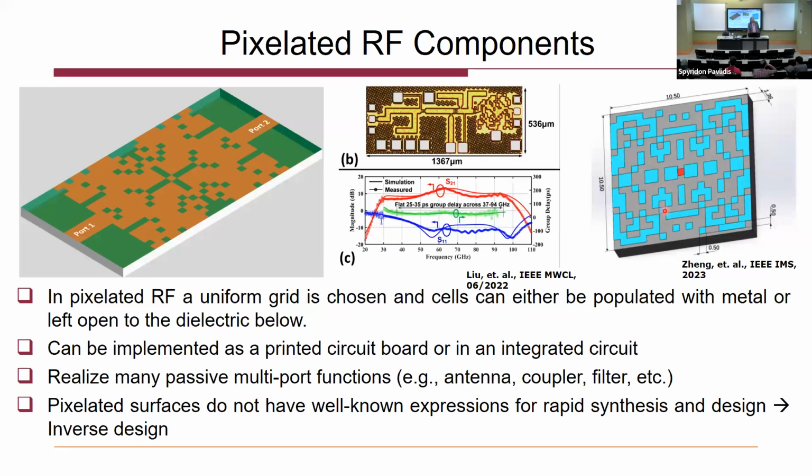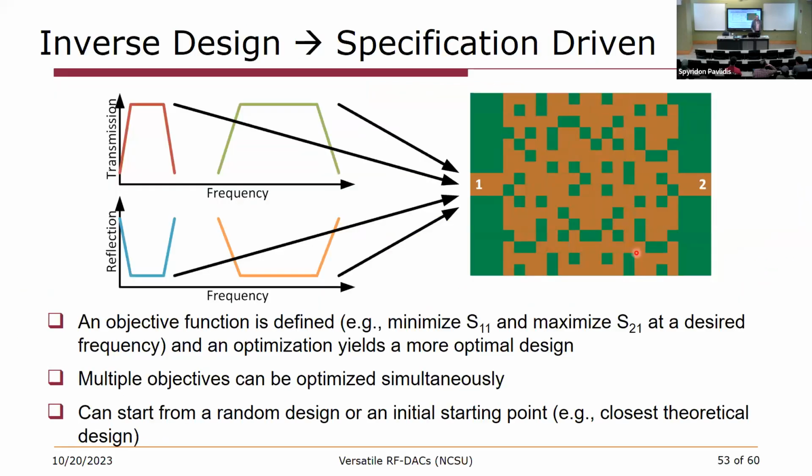It's a pixelated antenna, but interestingly, we can do the same types of things with pixelated surfaces for just regular RF components. So we're using inverse design in order to design these things, and in particular, what that means is we start with a specification for a frequency response that we want, and then we set that as an objective function that can be optimized, and we can do multiple objectives at the same time.